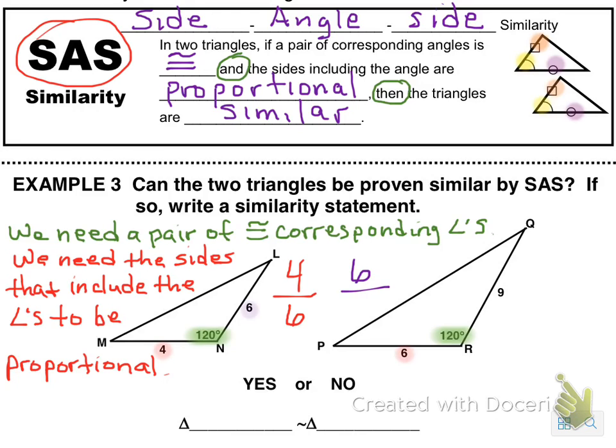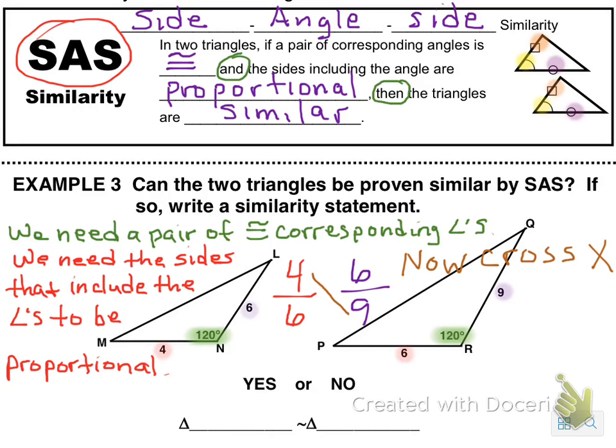Then we can write a ratio between side LN, which has a value of 6, and side QR, which has a value of 9. So two ratios of corresponding sides.